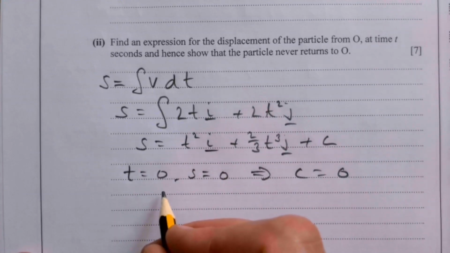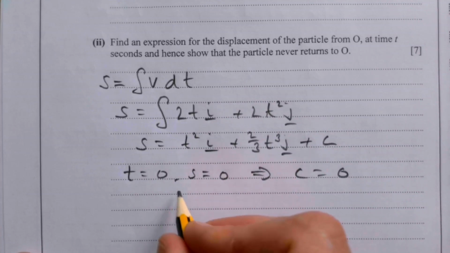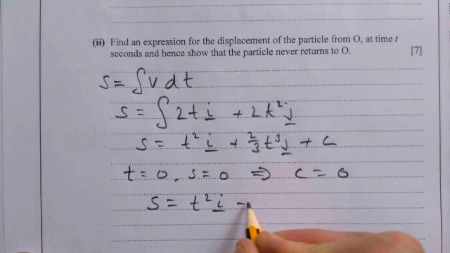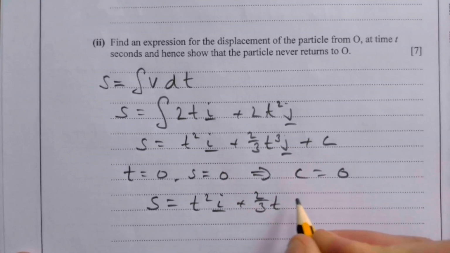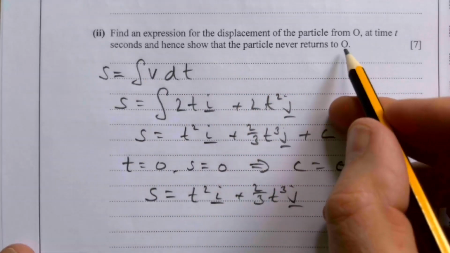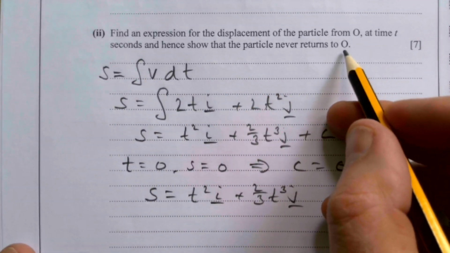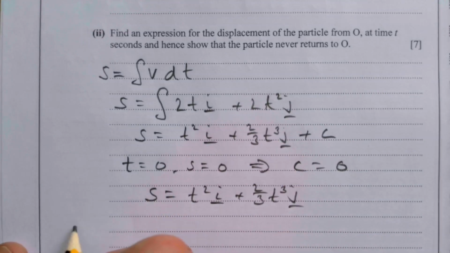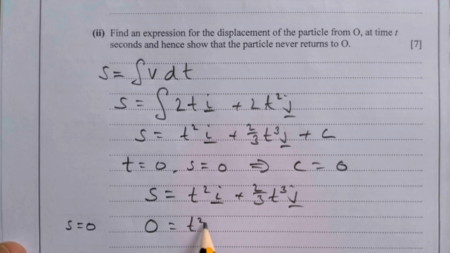So that means our S formula is t squared i plus 2 thirds t cubed j. Show that the particle never returns to O. At that stage we need to put S equal to 0. So 0 is t squared i plus 2 thirds t cubed j.